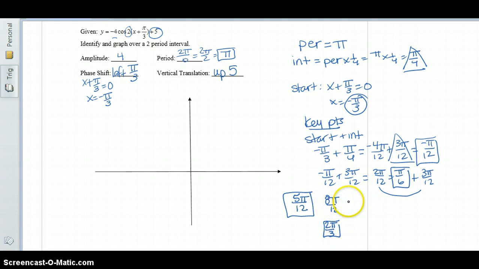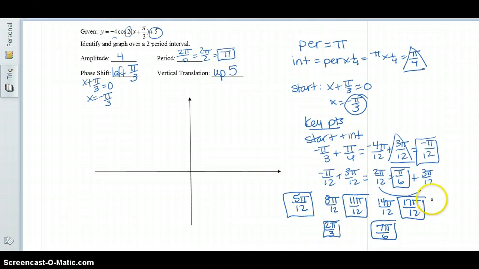And then adding 3 pi over 12, I get 11 pi over 12. 3 pi over 12 more is 14 pi over 12, which reduces to 7 pi over 6. Add 3 pi over 12 more, that gives me 17 pi over 12. 3 pi over 12 more gives me 20 pi over 12, which reduces to 5 pi over 3. So that I have right now 1, 2, 3, 4, 5, 6, 7, 8 key points in addition to my start. So now I can graph it.